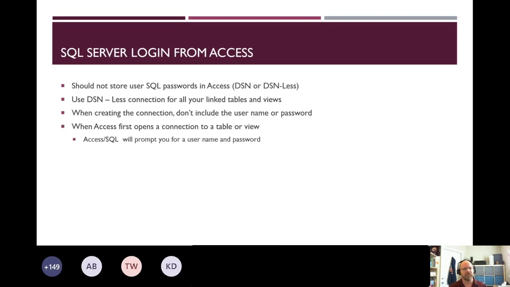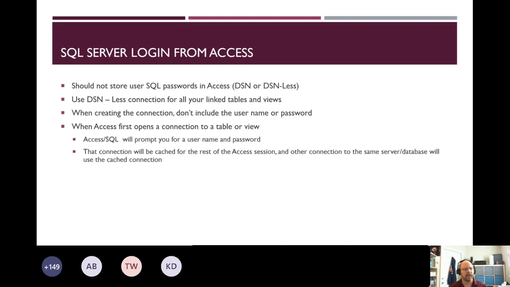It's going to prompt you for a username. It's just this generic kind of dialog. What happens when you supply the username and password is Access is going to go ahead and cache that. So anytime you open another connection with the same server or database, it's going to try to reuse that cached connection.